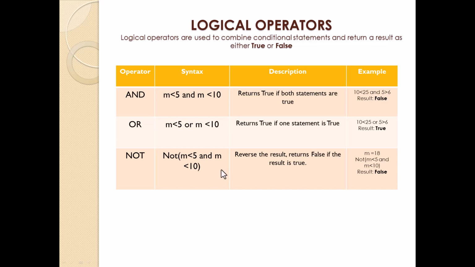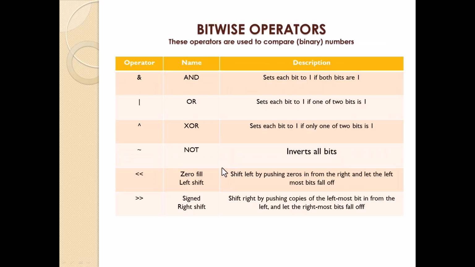They are the bitwise operators. These operators are used to compare binary numbers. And we have the AND, the OR, this is how it is represented, and then the XOR. The AND sets each bit to 1 if both bits are 1. The OR sets the bit to 1 if one of 2 bits is 1.